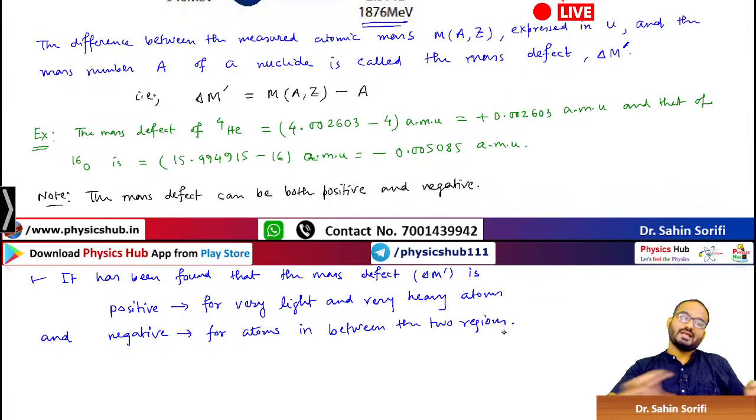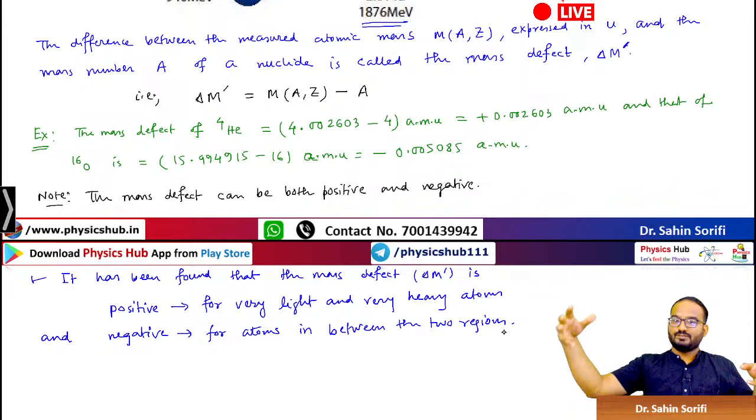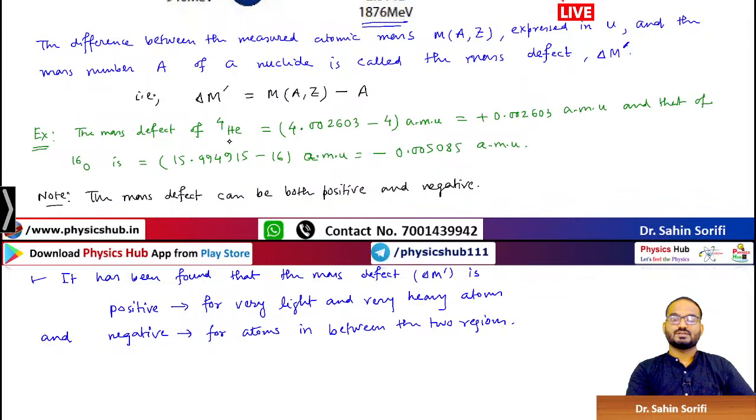So for very light and very heavy atoms mass defects are positive, and in between they are negative. You can see helium comes in the very light category, so it's positive, and oxygen comes between very light and very heavy, so the mass defect is negative.